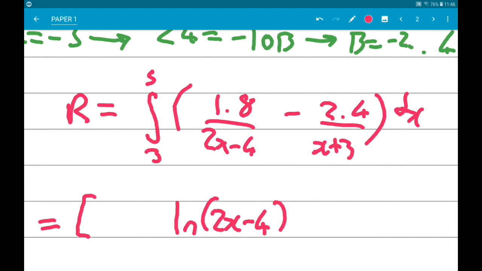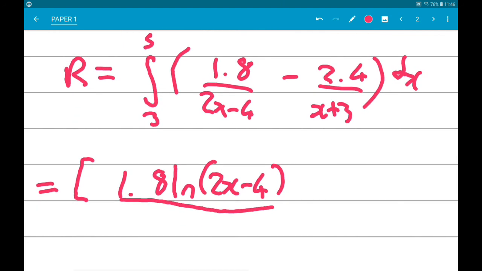So, we don't want that, we want 1 over, so we need an over 2. So it's 1.8 log 2x minus 4 all over 2. And then the other one is minus 2.4 log x add 3.